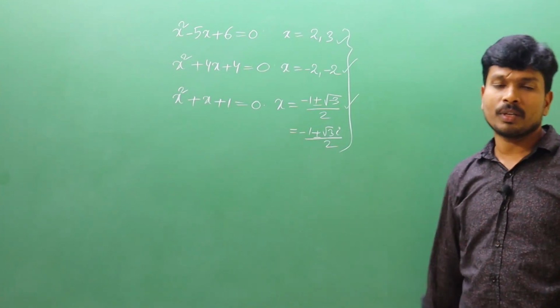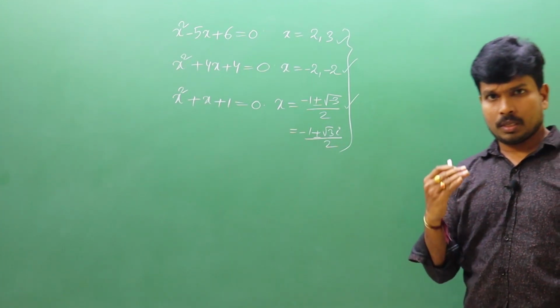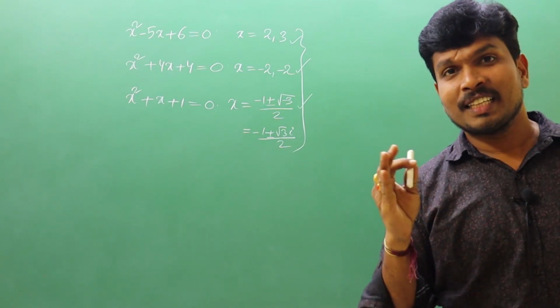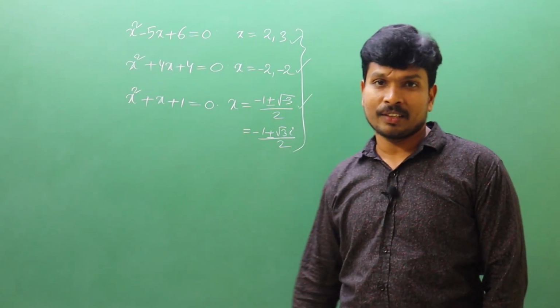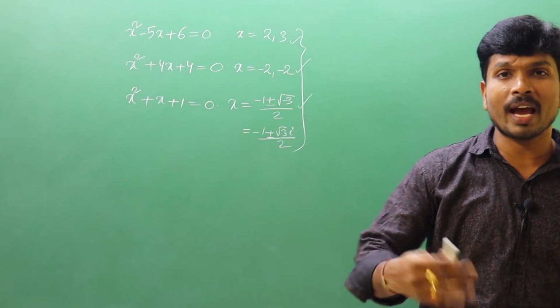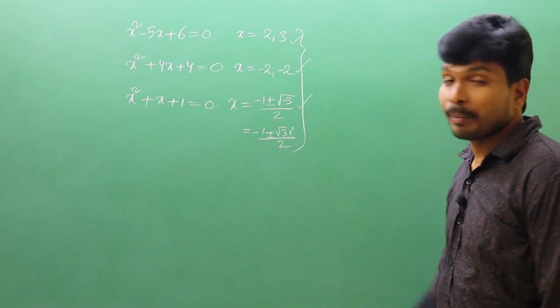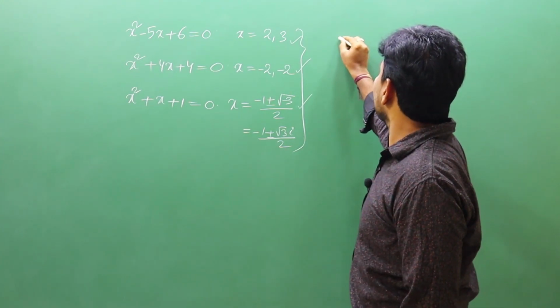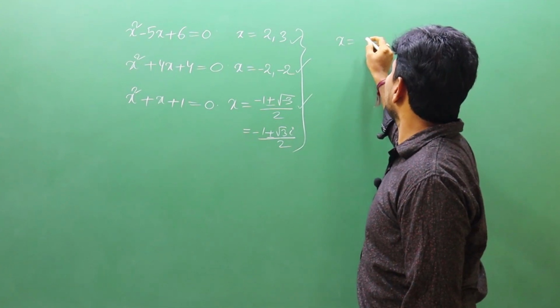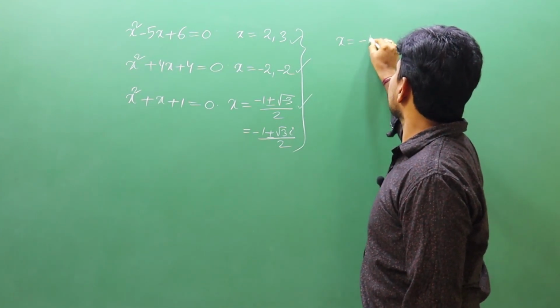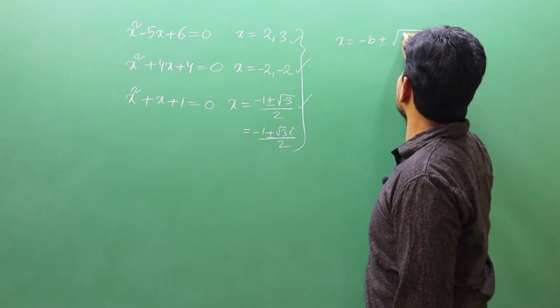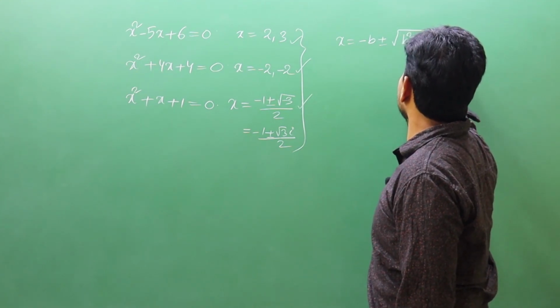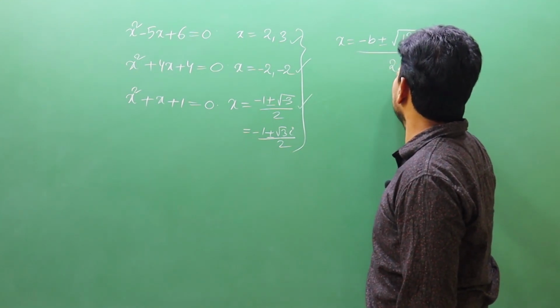You have to observe that. So some members, they definitely identified, I think, the students who have used formula method. See now, what is the formula method? x equal to minus b plus or minus root over b square minus 4ac by 2a.